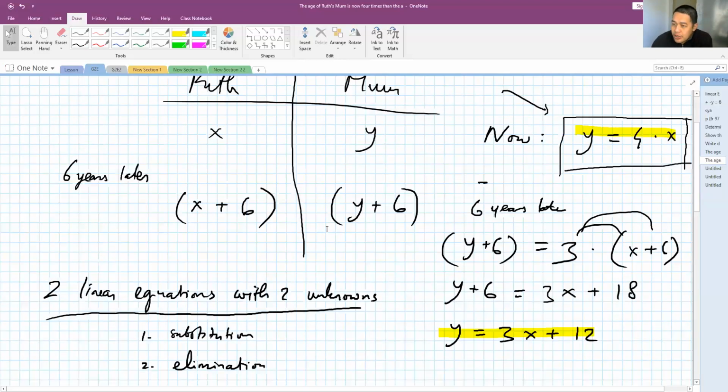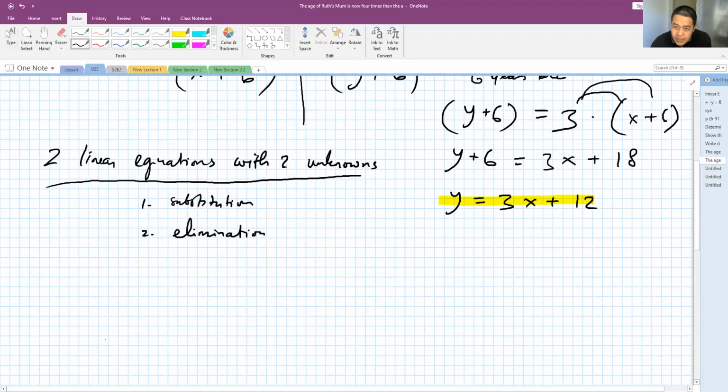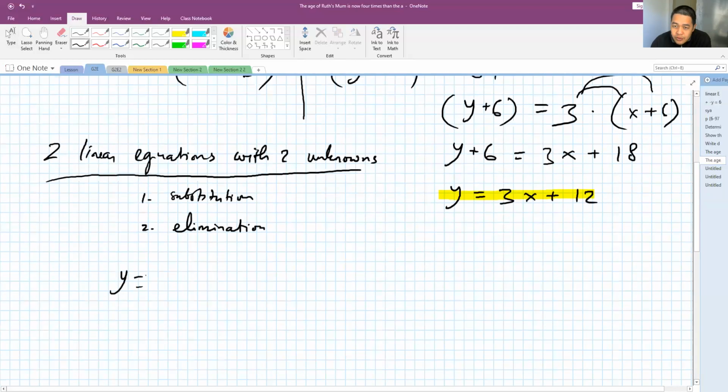Okay, let me discuss these first two methods. Here we have two equations. The first one is y equals 4x, and the second equation is y equals 3x plus 12.